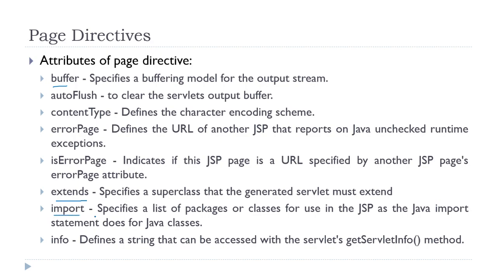Similarly, if you want to import some packages or classes to use in our JSP application, we can use the import attribute, and we can specify either a package, like we import classes in a Java file. Like java.util.*, we can write it that way, or we can be specific and write just a class name. Both the ways are valid.